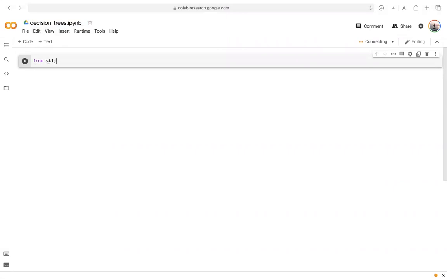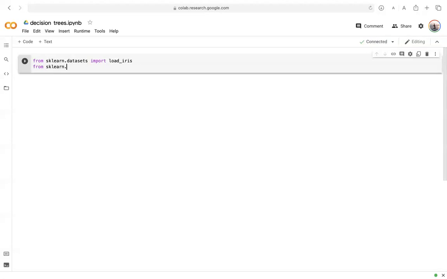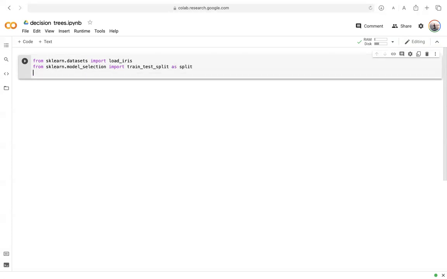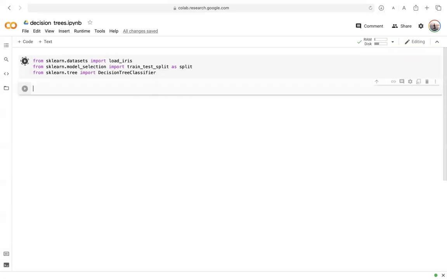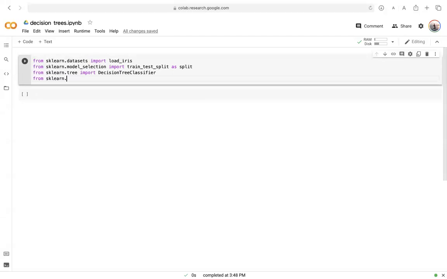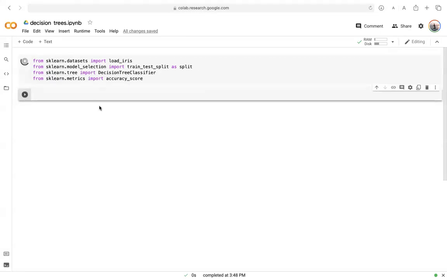So from sklearn.datasets import iris, from sklearn.model_selection import train_test_split. Then from sklearn.tree import DecisionTreeClassifier. And finally, from sklearn.metrics import accuracy_score.